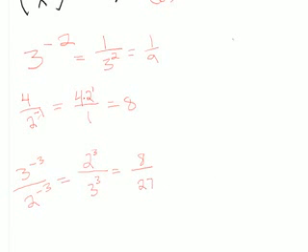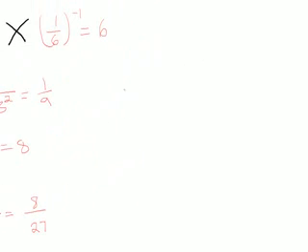Okay, one last one. This will be a mixture of dividing and negative exponents. Whenever we have a combination like 3 times x to the negative 2, we have to always remember what is being raised to this negative exponent.